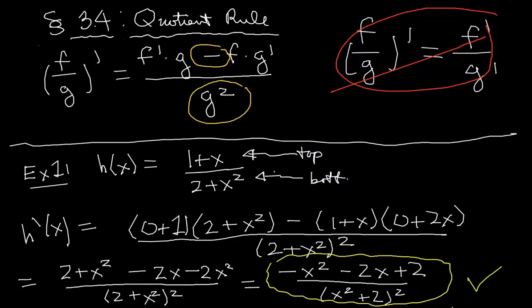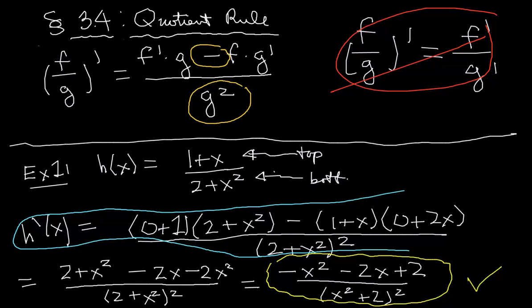So all we did here is apply the quotient rule. That's the first part, right here, that's the quotient rule. And these last two steps are just us cleaning up that expression and giving it in a nice form at the end of the day. So that wasn't so bad.